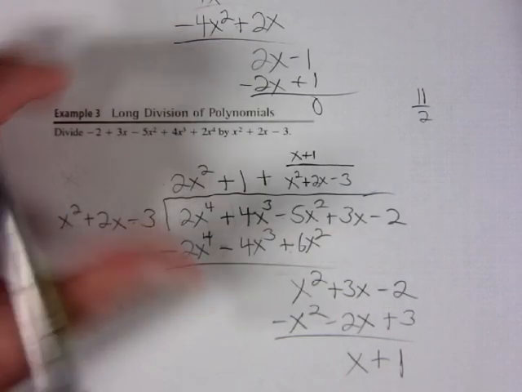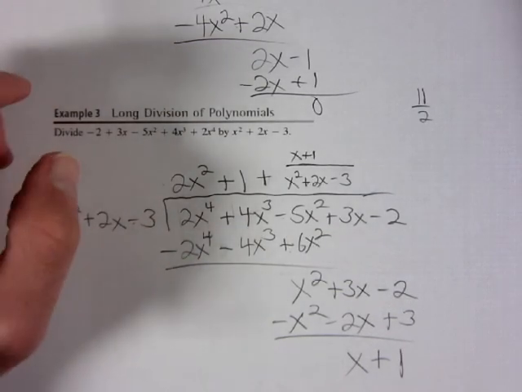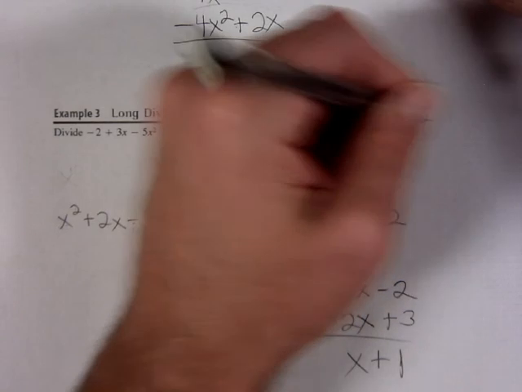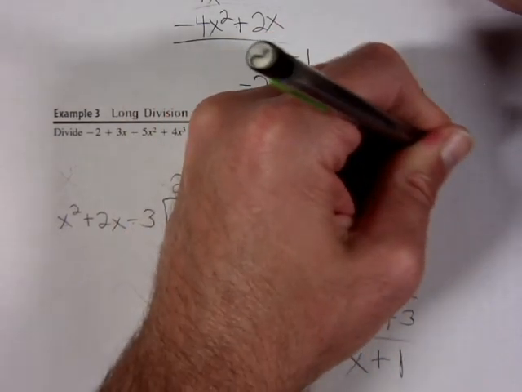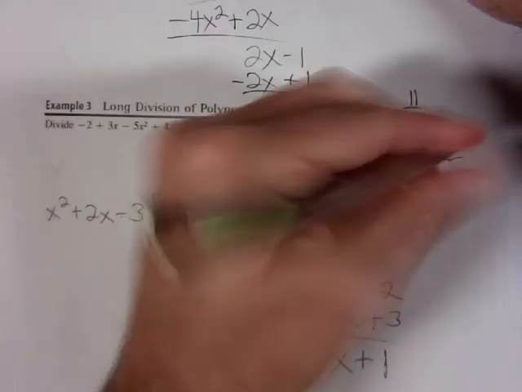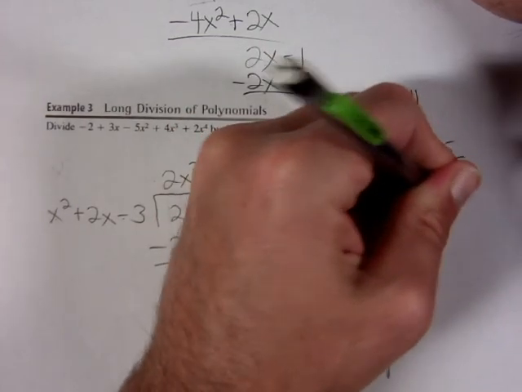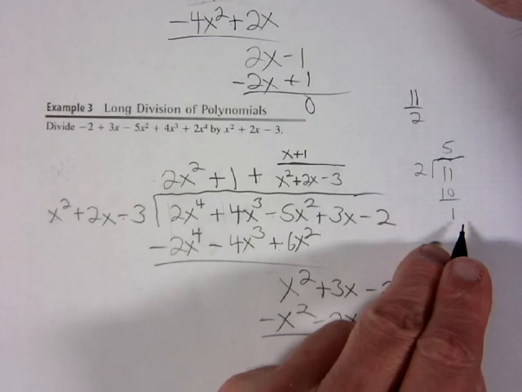Well, we know that that's going to be what? 5.5, let's say. And so if I wanted to write it out as a remainder, then I divide it out, right? 2 divided by 11, and we get 5. 5 times 2 is 10. Subtract off, you got 1. Well, 1 is your remainder, right?